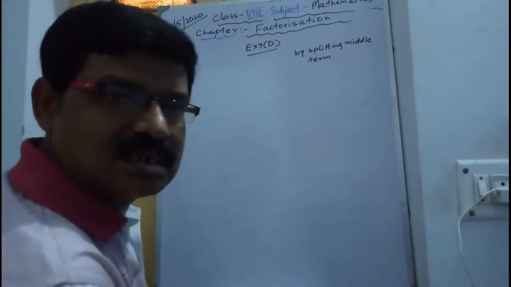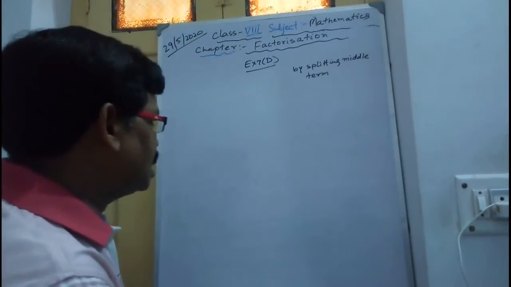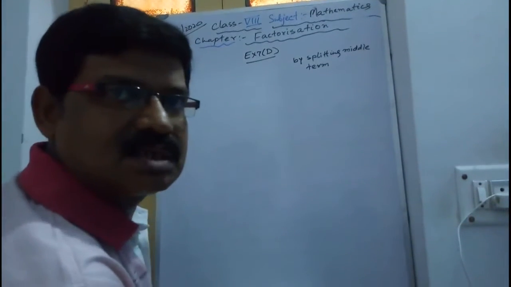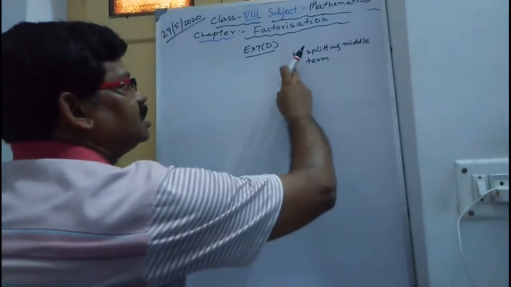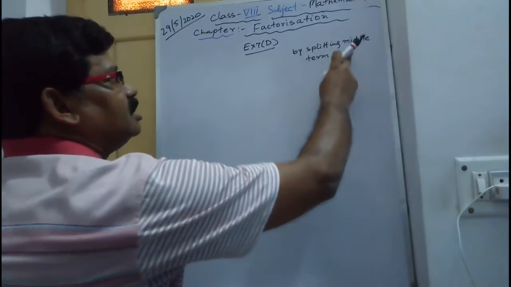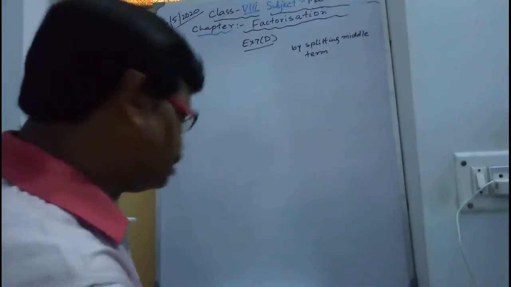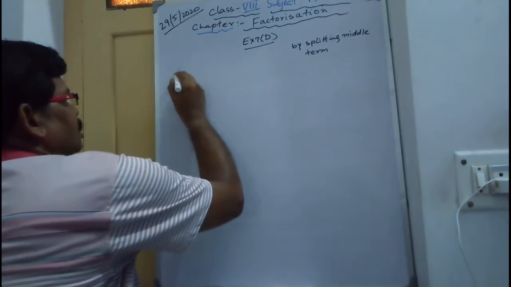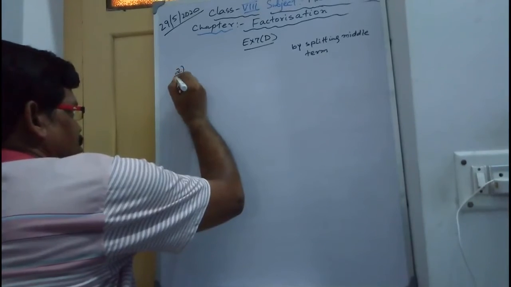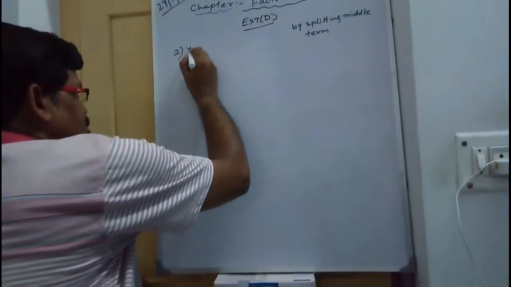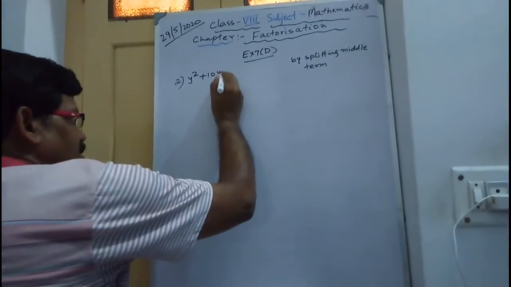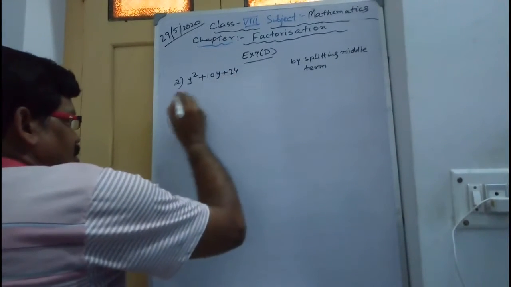Exercise 7D. In this exercise, you have to find the factors of the question by the method that is known as splitting the middle term. How to do it? Look at question number 2. y square plus 10y plus 24.